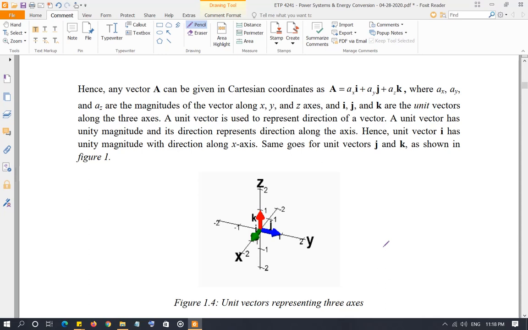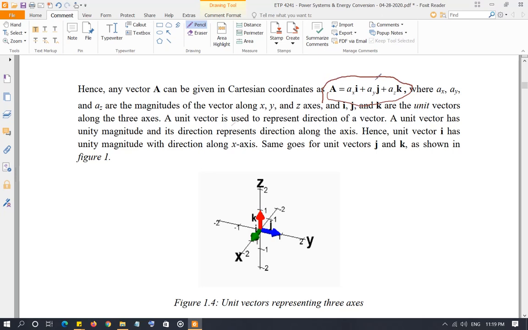So I, J, and K. If you look over here, if A is a vector in a space, then A can be broken down into AX, the magnitude along x-axis, I representing the direction along x-axis, AY, the magnitude along y-axis, J representing the direction along y-axis, and AZ representing the magnitude of the vector along z-axis, and K representing the direction of the vector along the z-axis.